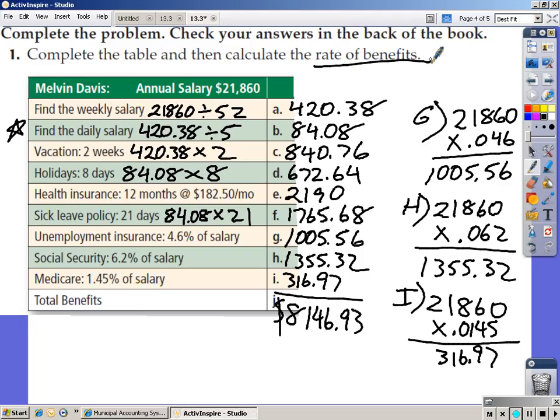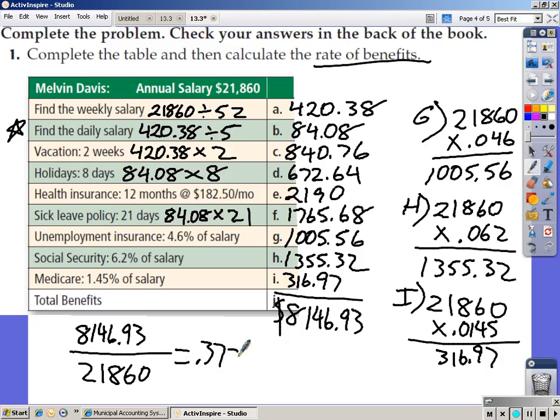So it's 8,146.93 divided by the annual gross pay of 21,860. Divide that out. You should get 0.3726, which means your rate of benefits is 37.26%.